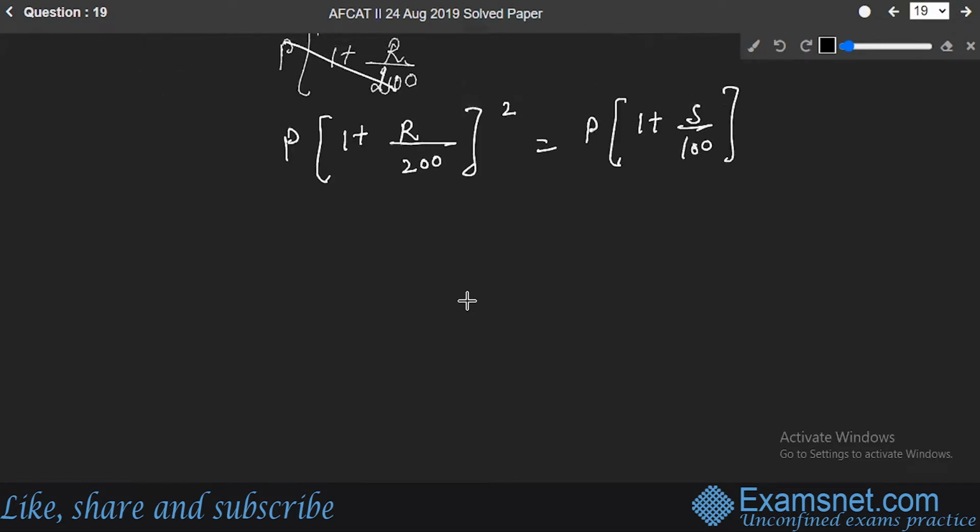P will cancel, right? So you are having 1 plus R upon 200 square is equal to 1 plus S upon 100.